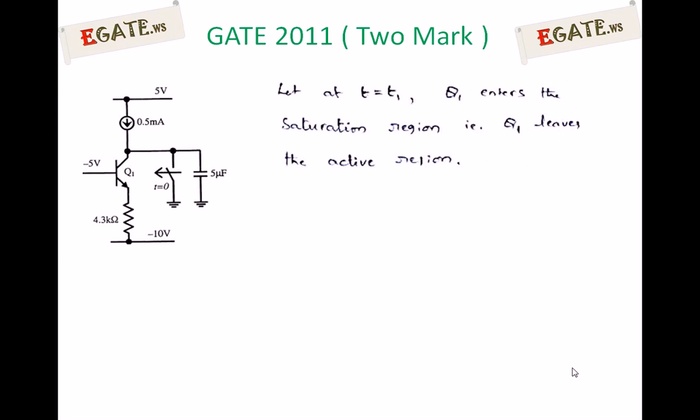Q1 enters saturation, we are assuming, at t equal to t1. This is the assumption we are taking. Assume at t equal to t1, Q1 enters the saturation region, because at t equal to 0 the switch opens, and after t1 seconds Q1 enters the saturation region, that is, Q1 leaves the active region.